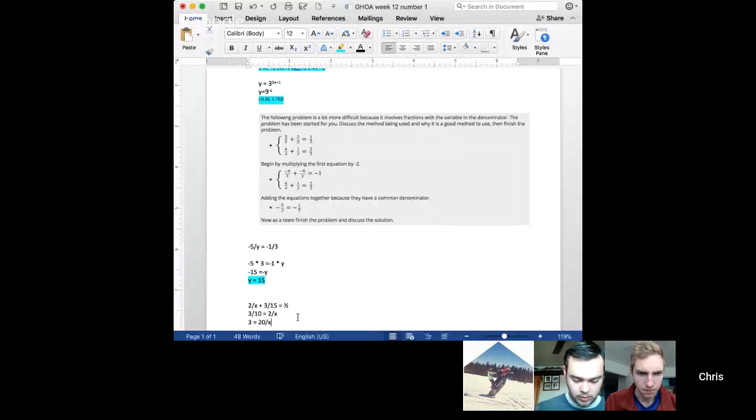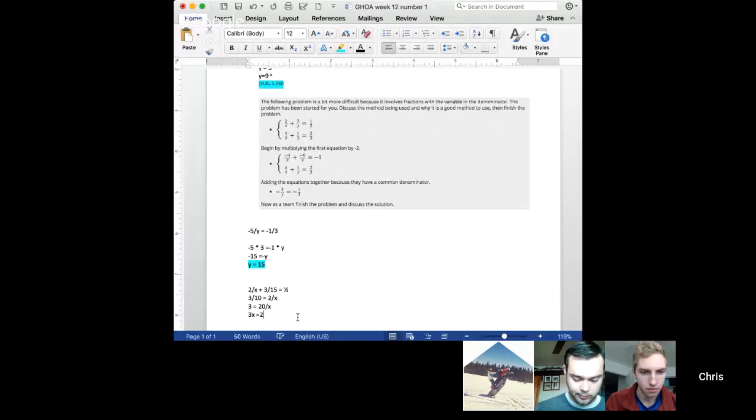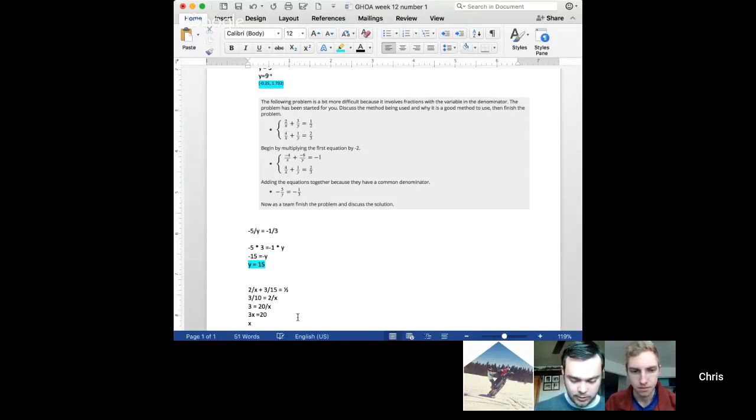Then just multiply both sides by x. So then you'd have 3x equals 20, and 20/3 would be your answer. X is equal to 20/3.